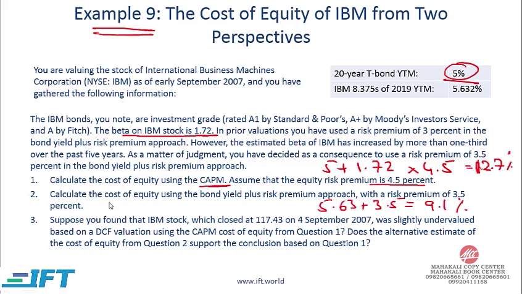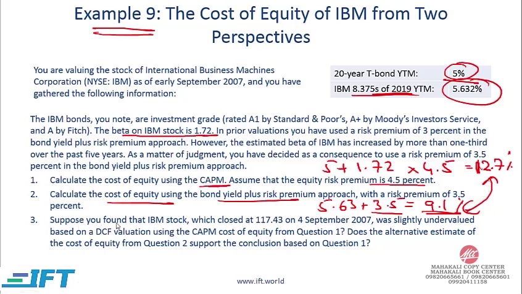Next, we are asked to calculate the cost of equity using the bond yield plus risk premium approach. With a risk premium of 3.5, what we have is IBM's bond, which yields 5.63% plus 3.5%, which is approximately 9.1%. And note that there is a substantial difference between these two numbers.